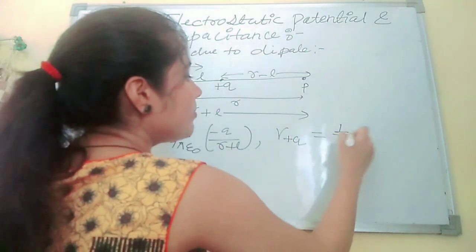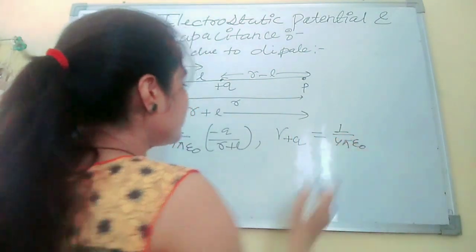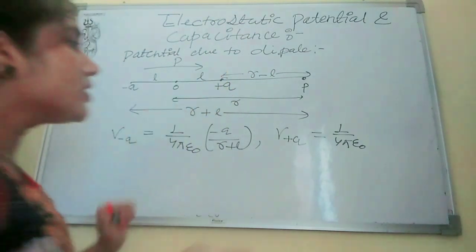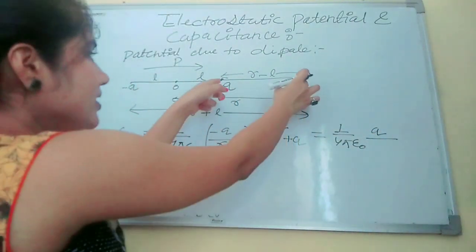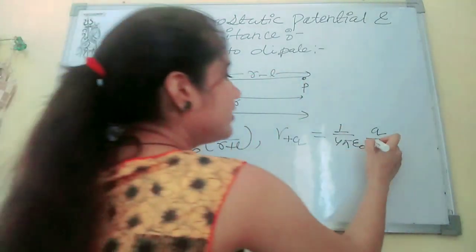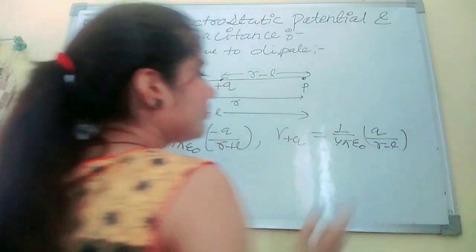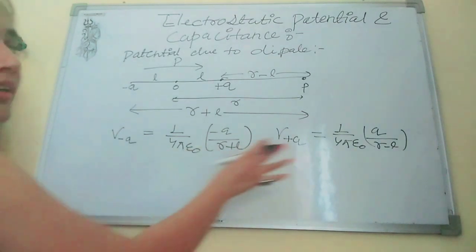So it will be 1 by 4 pi epsilon naught, and this will be plus q, so we put q upon the distance, and the distance is r minus L.